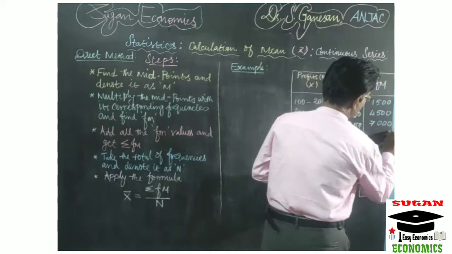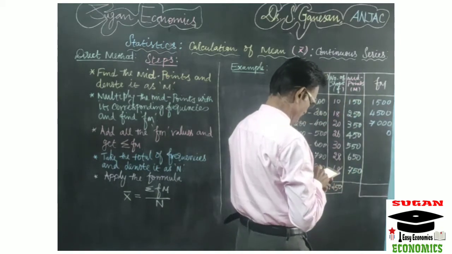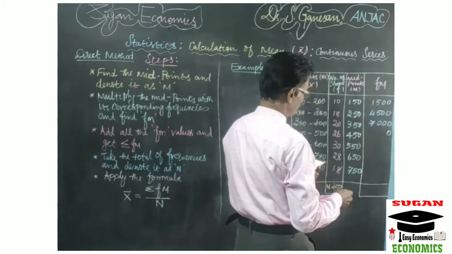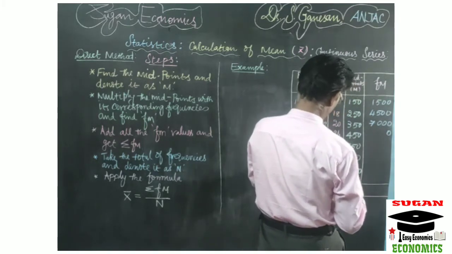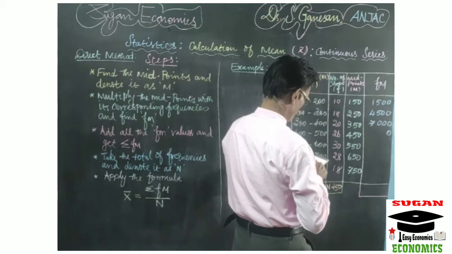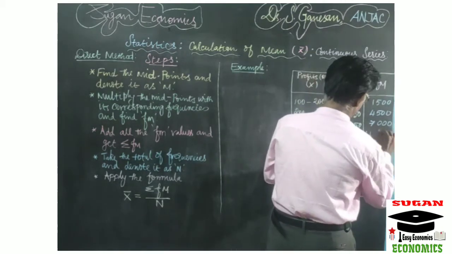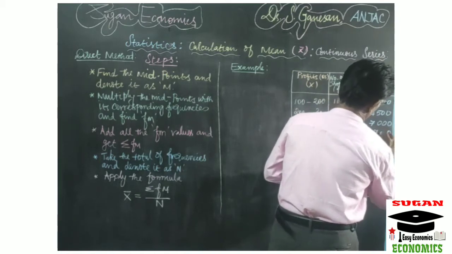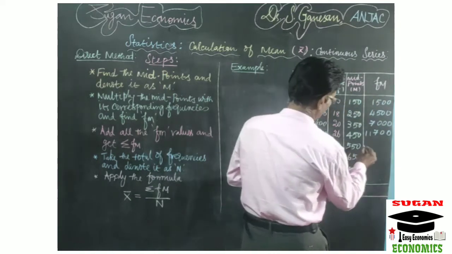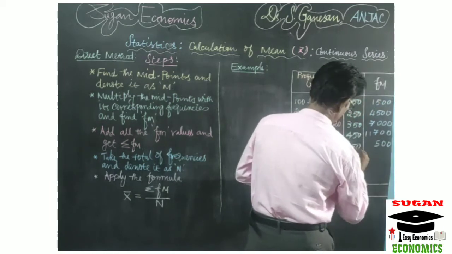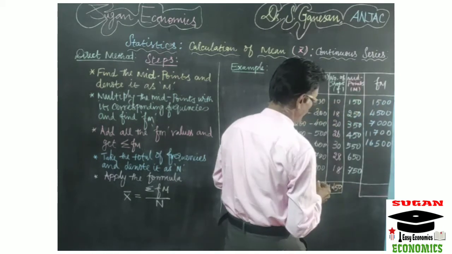Then 26 into 450, that is equal to 11,700. Then here 16,500.